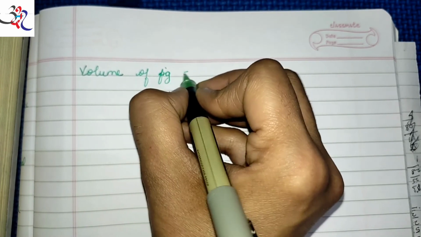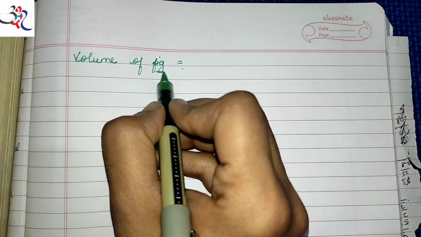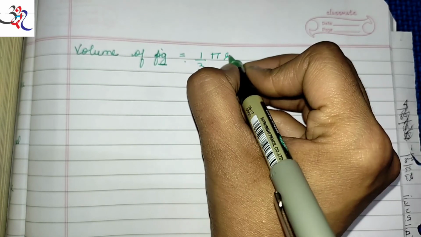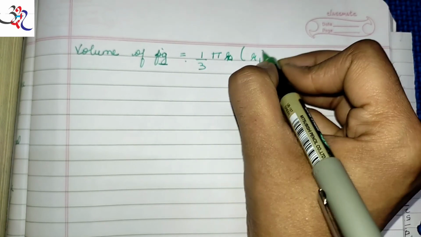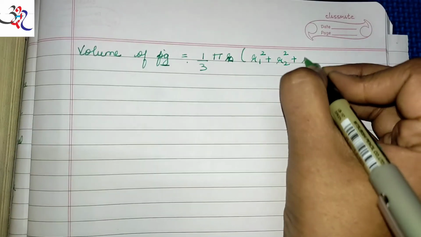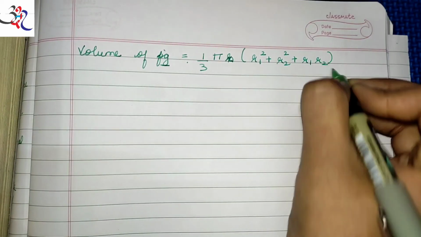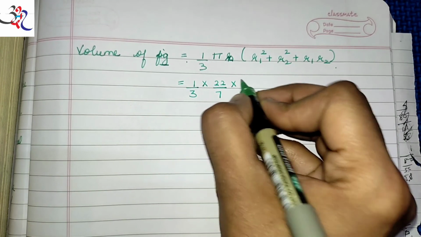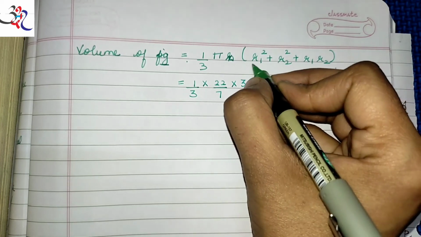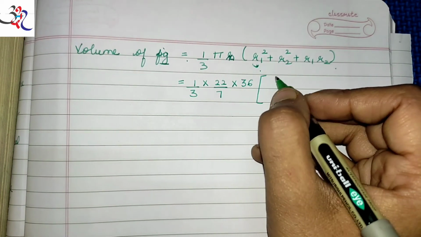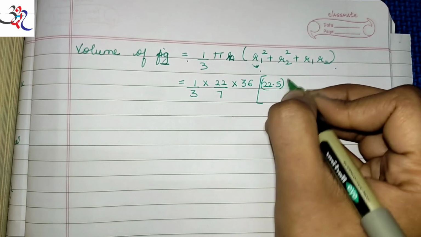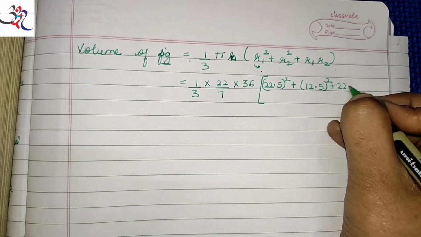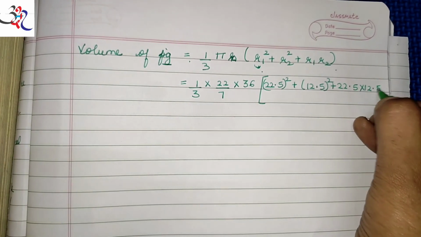Now the next part is to find the volume of this figure, which is the volume of the frustum. We have to find the volume of only the bucket, which is in the shape of a frustum, given by 1 by 3 pi h into (r1 square plus r2 square plus r1 into r2). Now put the values. Pi is 22 by 7 into h, which is 36 for the frustum. R1 is 22.5 square plus R2 is 12.5 whole square plus 22.5 into 12.5.